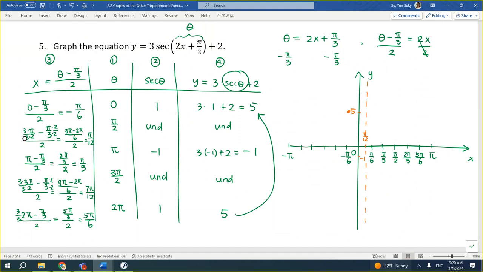Next one. Pi over 3, which is here. And we got what? Negative 1. Okay, negative 1 is here. And then 7 pi over 12. Where is 7 pi over 12?